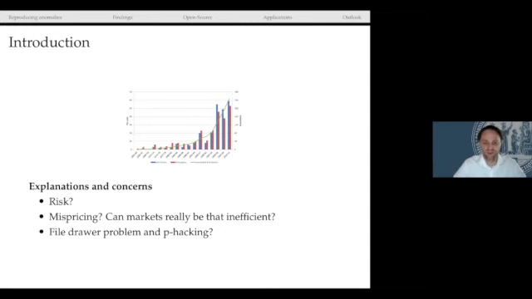Another explanation might be mispricing, but then you might immediately ask, can markets really be that inefficient that so many variables explain cross-sectional stock returns? Or is it just a statistical problem of p-hacking? There are so many variables that people can test, and then some of them will come out as significant. These are three potential explanations.